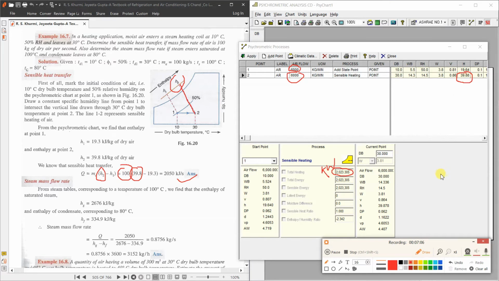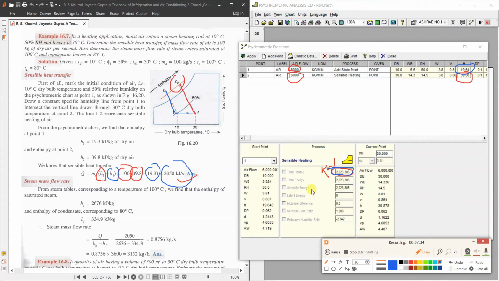That is why there is variation in answer. Similarly, you can check H1 value, which you have to read over here. So this H1 value is 19.3, and from the software we are getting that value as 19.64. So this is the reason why we are getting deviation in these answers.